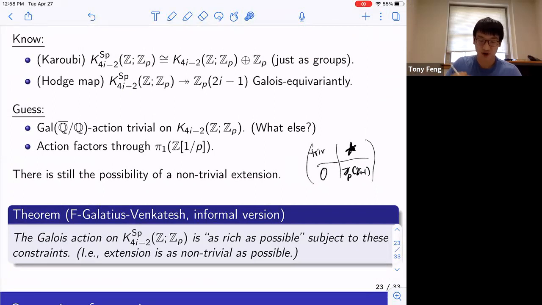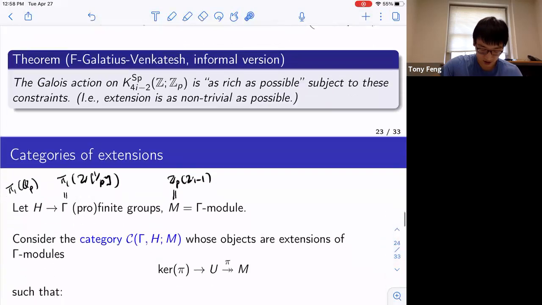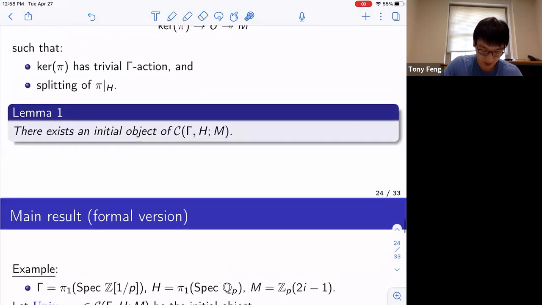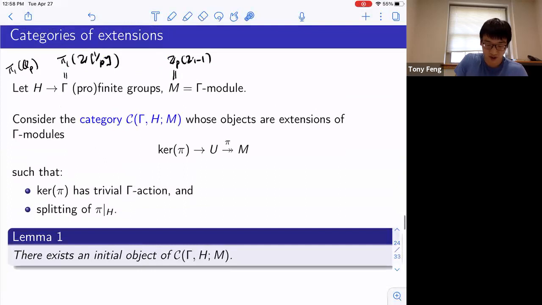We don't prove it a priori and then put it in this category and then show that it is the initial object. So this is a model of what should be going on. Similarly, we don't know a priori that this extension has a splitting when we restrict it to this thing. That gets proved at the same time as everything else. Everything gets proved at once.